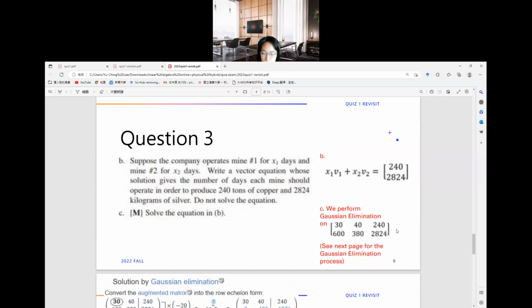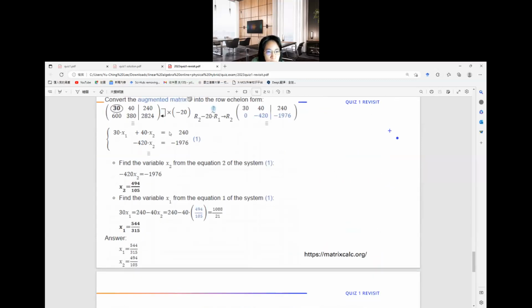We put the coefficients all together in a matrix, and this augmented matrix is where the Gaussian elimination should be performed. We are going to use Gaussian elimination to reduce this matrix to solve for the values of x1 and x2. This is the detailed process of Gaussian elimination. This is the augmented matrix.